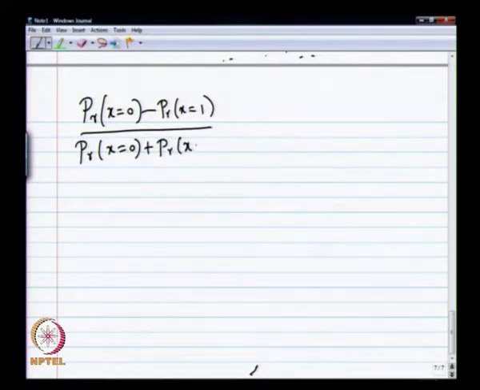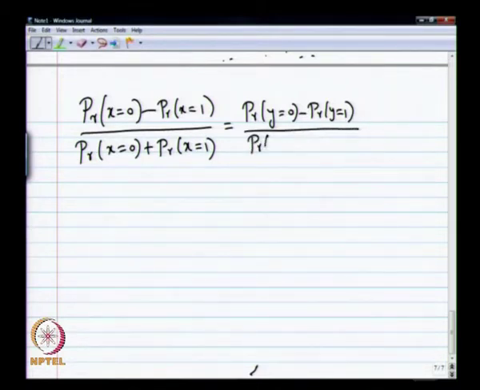Divided by probability of x equal to 0 plus x equal to 1, this is probability of y equal to 0 minus probability of y equal to 1 divided by probability of y equal to 0 plus probability of y equal to 1.